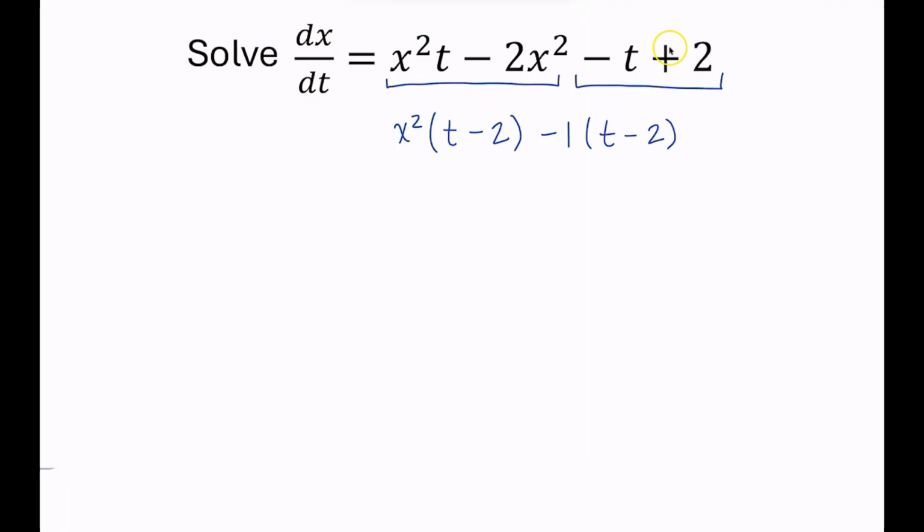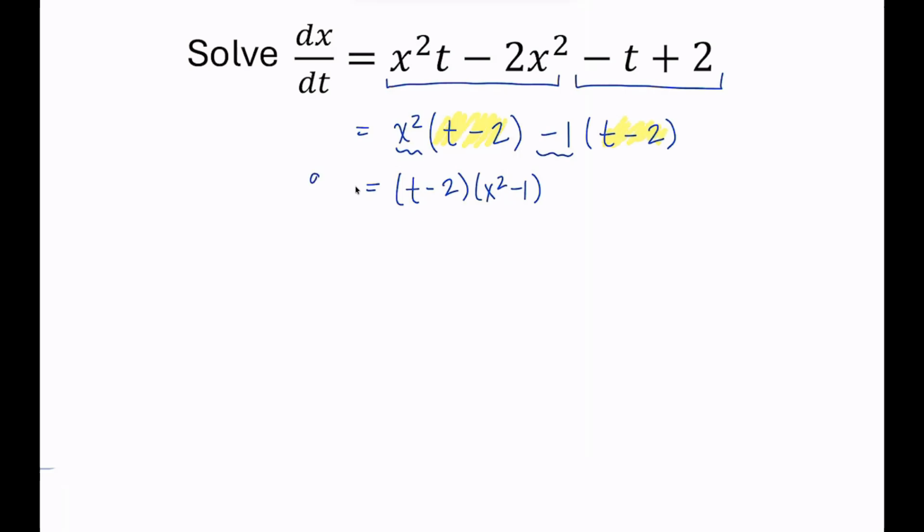And so now what's in common, this common binomial, is t minus 2. If we factor that out, we're going to have t minus 2, and then x squared minus 1 as our other factor.